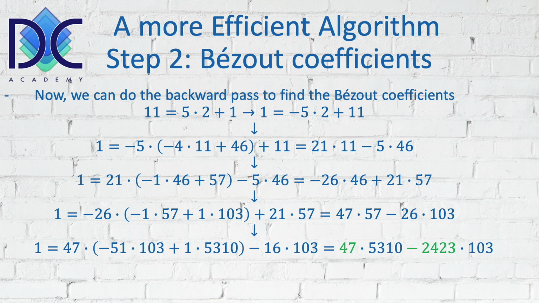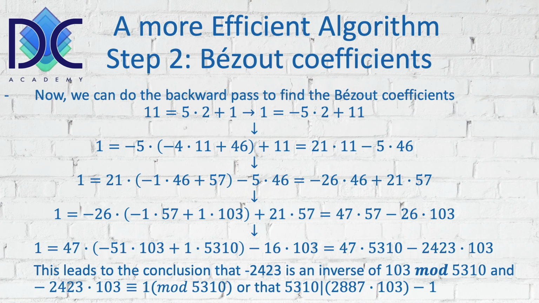And we continue again. Now we have 47 and the minus 2,423. So, in fact, this leads to the conclusion that minus 2,423 is an inverse of 103 modulo 5,310.